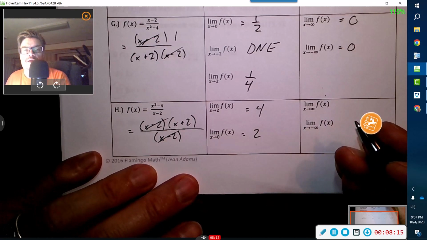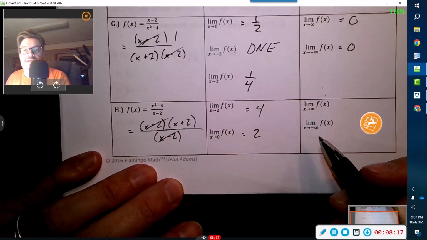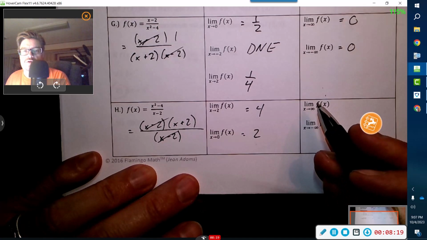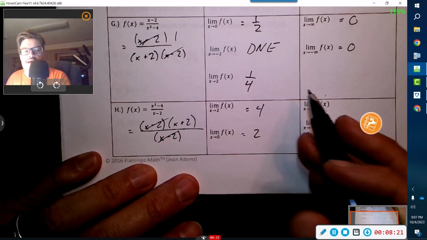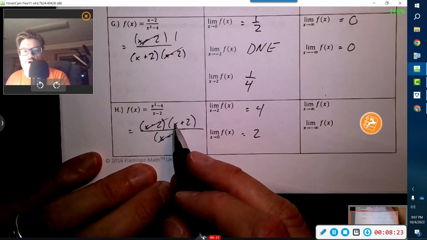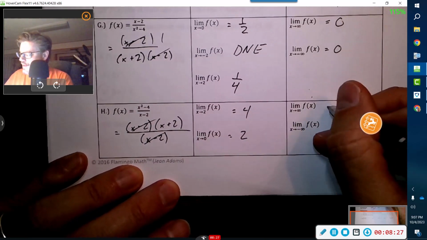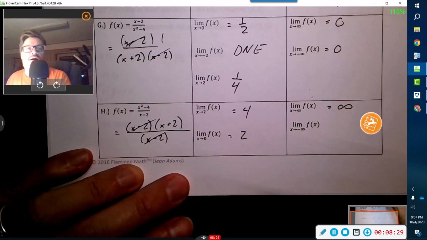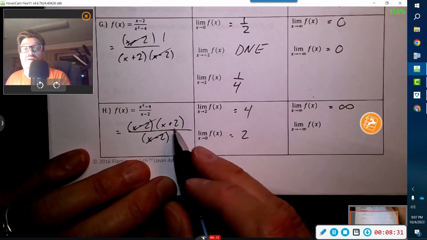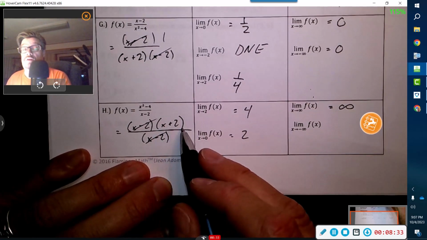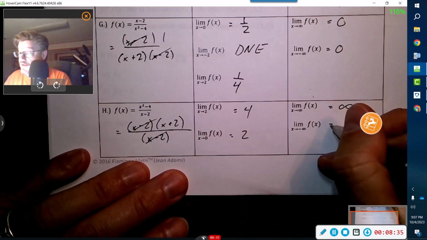Well, it did cancel out, so let's think. If I have a very large positive number plus 2, it's still a very large positive number that is going to go to infinity. What if it's a very large negative number plus 2? It's going to be a very large negative number.